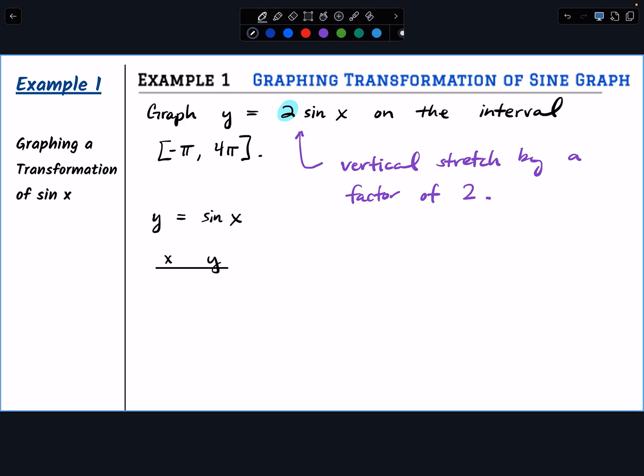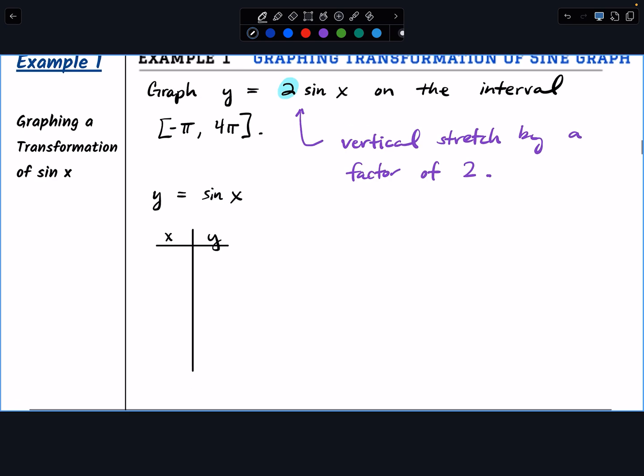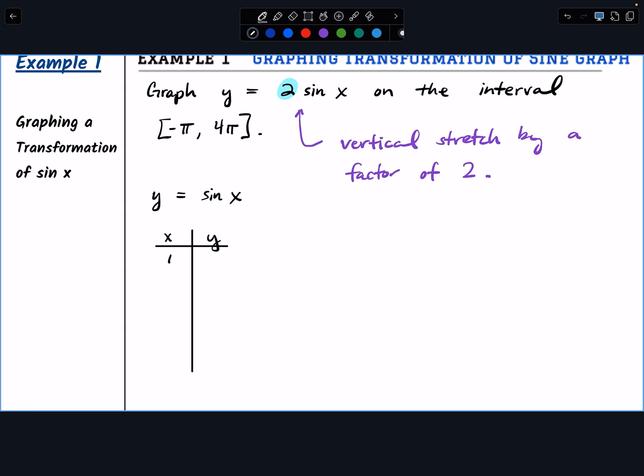So if we just copy and paste our table, guys, which x value did we pick first? 0. After 0 came what? Pi over 2. And then pi. And then 2 pi. Cool.